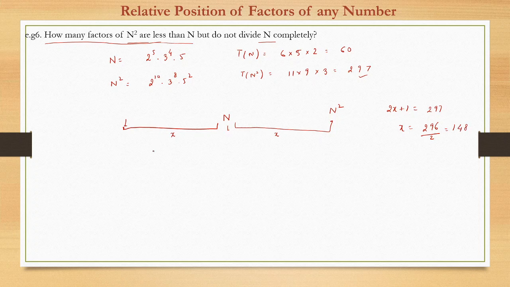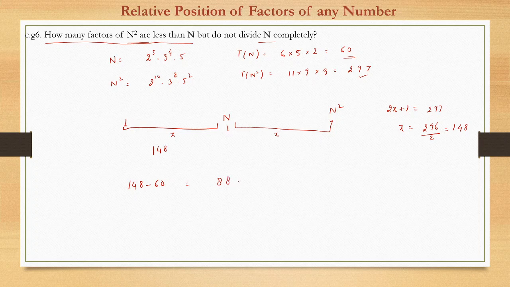So 148 factors of n square are less than n, and we know n has 60 factors. So the number of factors of n square which are less than n but do not divide n completely is nothing but 148 minus 60, which is 88.